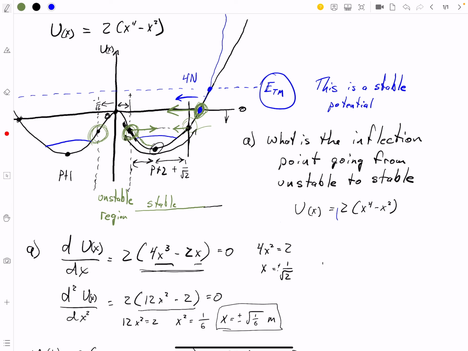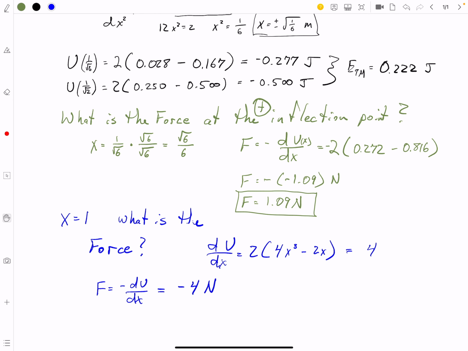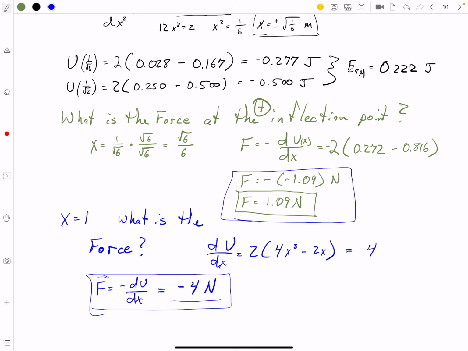Okay, I think you guys get it. The point is, when I do this and I ask you a question about it, I'm going to say, here's a point. Find me the force magnitude, but not just the magnitude. I want to know the magnitude, and I'm going to want to know the direction. Okay? So we found the magnitude and the direction, and we did the same thing for the inflection points on the curve. Okay?